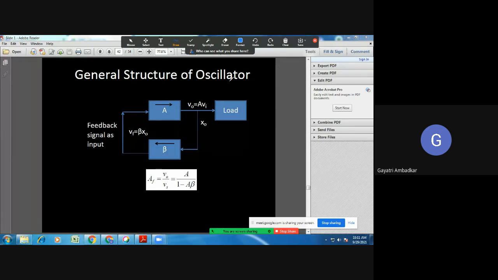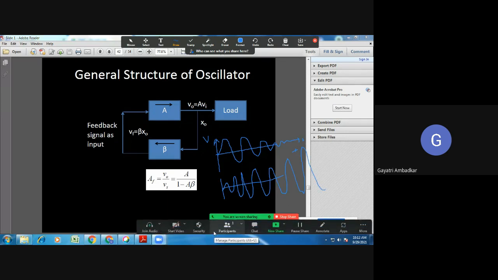So what is an oscillator? An oscillator is a circuit which provides oscillations of constant amplitude. See, I can have different types of oscillation. First of all, here I am showing the amplitude. This amplitude is continuously decreasing with time. Here I will show another waveform. What is happening here? The amplitude of this signal is increasing continuously with respect to time.